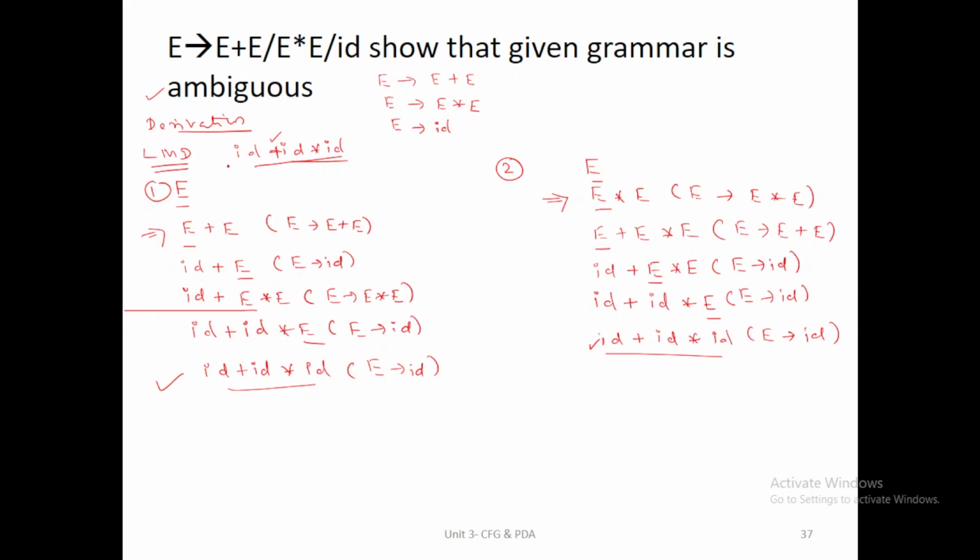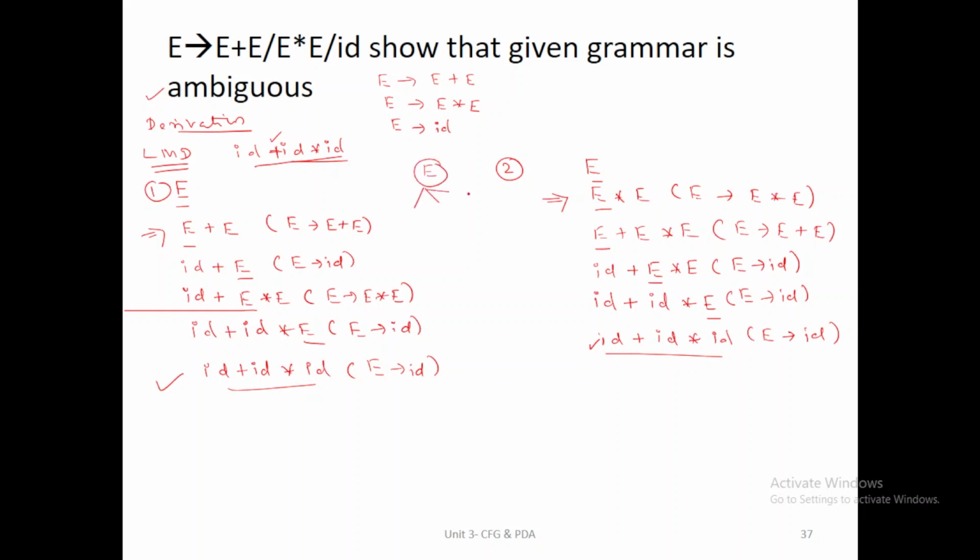This is method 1. Method 2 is the parse tree. Let us construct a parse tree for these two derivations. I am going to take the diagram of the first one, the LMD diagram. So this is E, the root node.